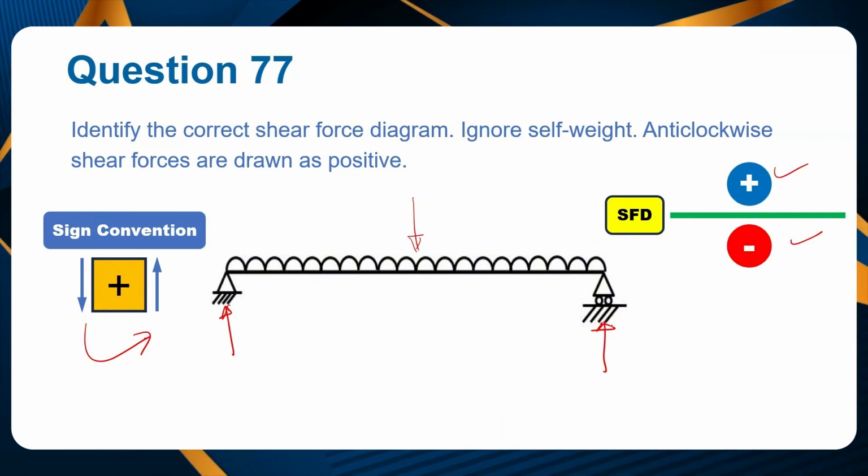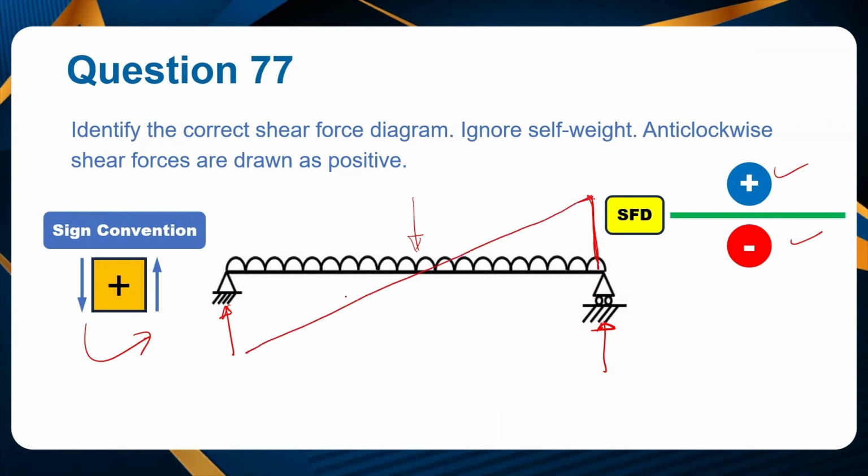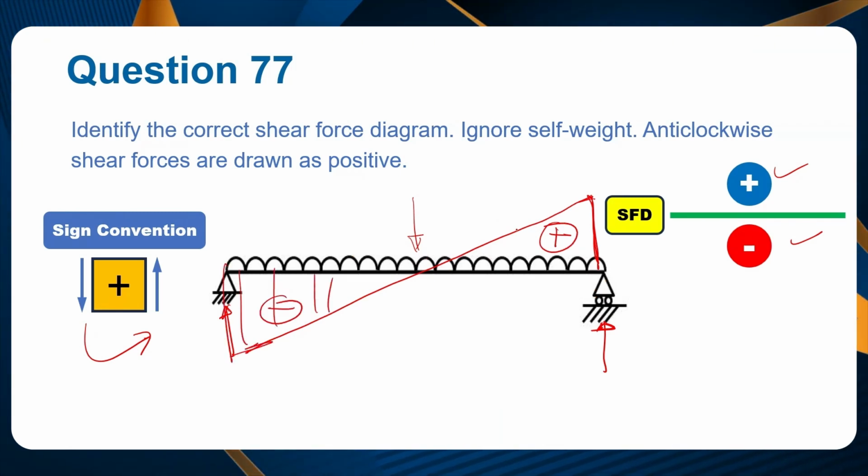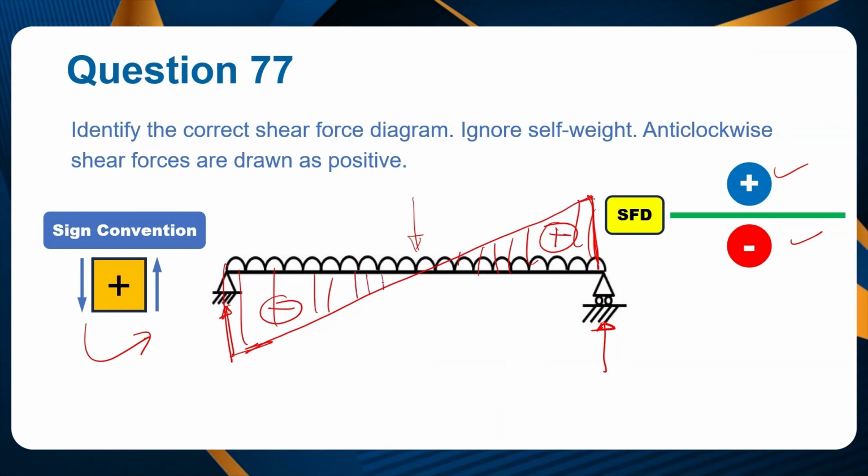So here this force is pushing it up, and this is distributed, so we will go down. So here we have positive, and here we have negative, and this is how we draw the shear force diagram for a simply supported beam with a uniformly distributed load.